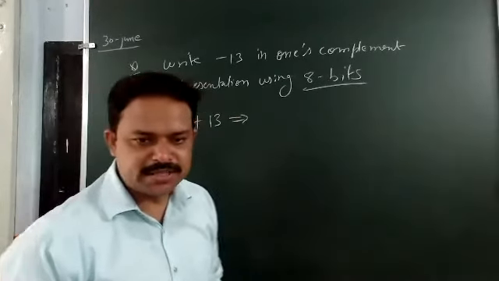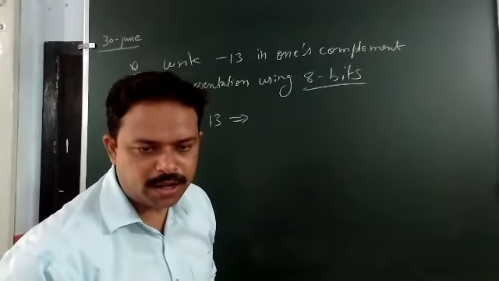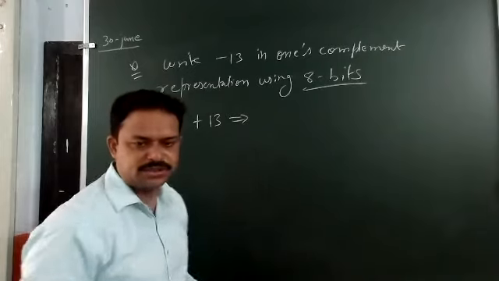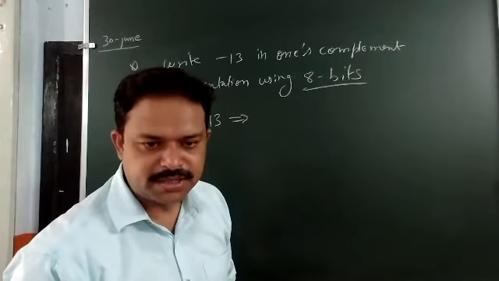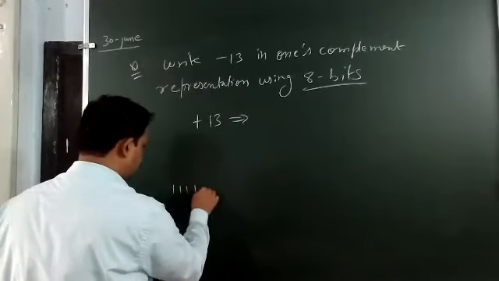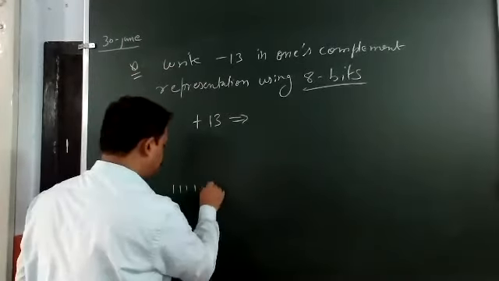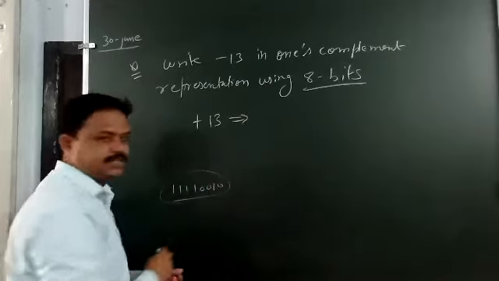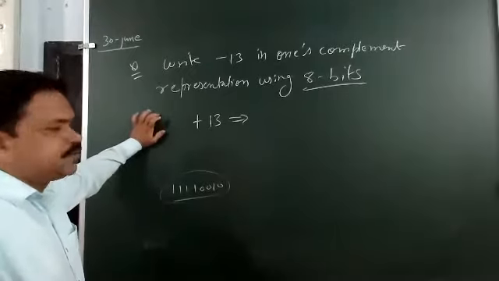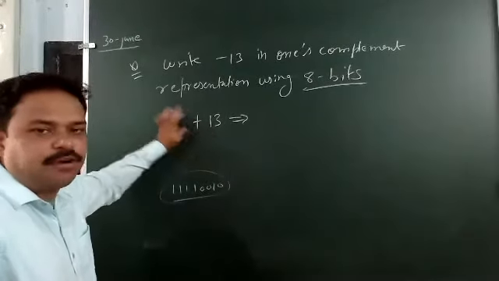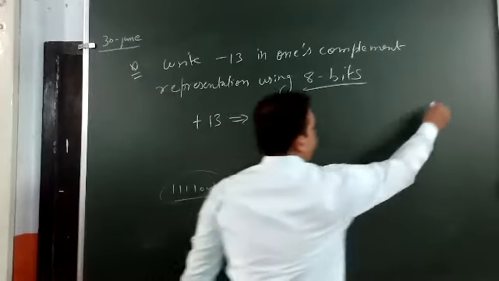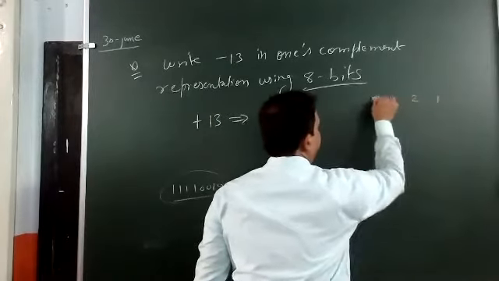Students are giving different answers, some confused. One's complement representation: first of all, write down plus 13 in 8 bits. 1, 2, 4, 8 is sufficient.